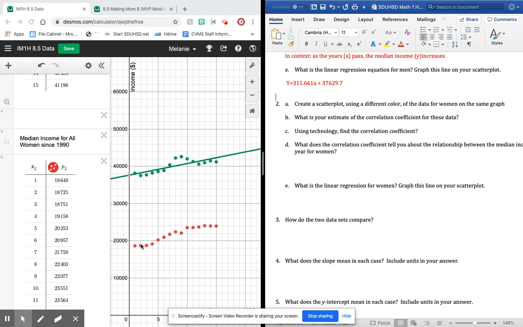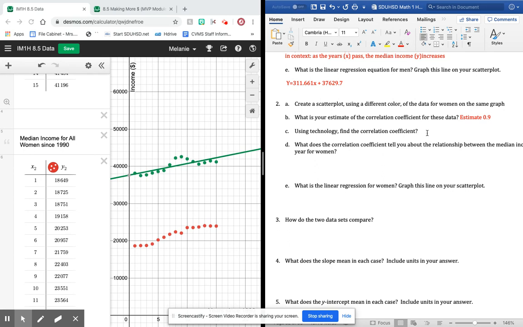Well, when you look at this data, it looks even more closely correlated, or positively correlated, than the men's data, right? Because the men sort of went up as a jump and then came back down. So if I had to draw a straight line through this data, it's even closer. So I'm going to guess, maybe I'd estimate 0.9. 0.9, really close to 1.